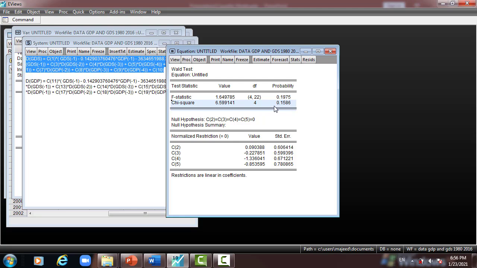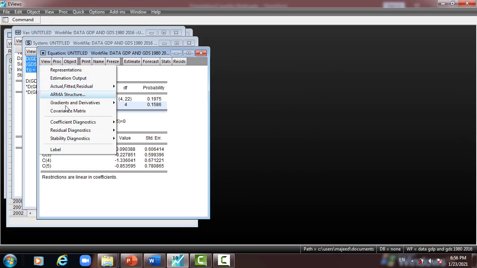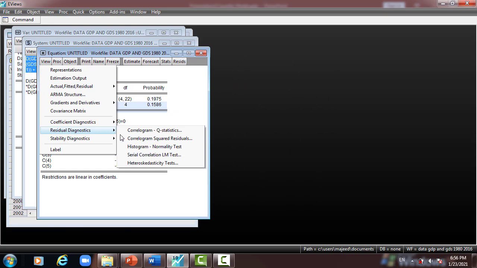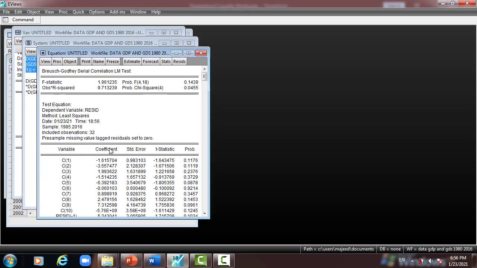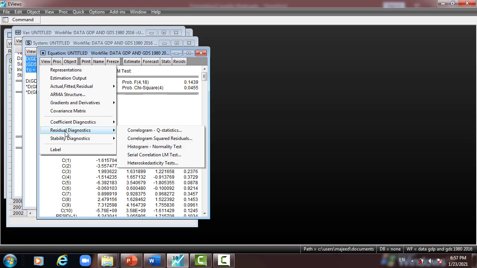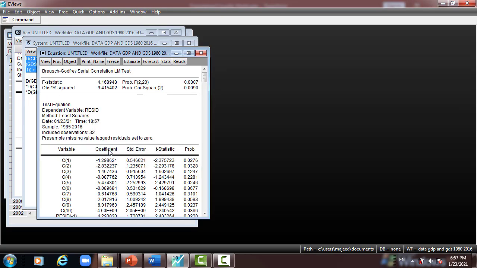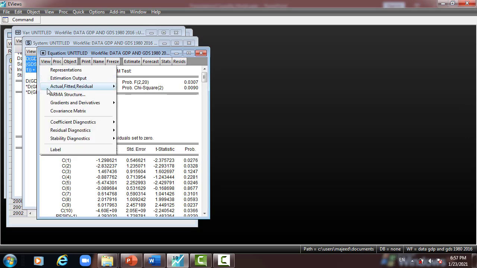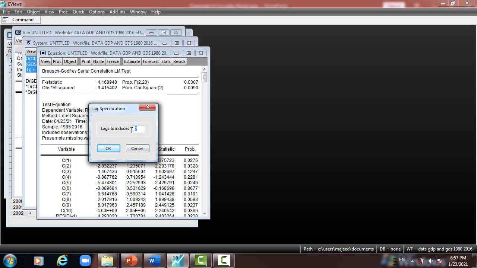How to do that? I go to view, residual diagnostic, serial correlation. We have 4. Okay, this is not good. Let me try another one. If I put 2 as default, the same thing. So we have to use the same as what we put in the beginning, 4.